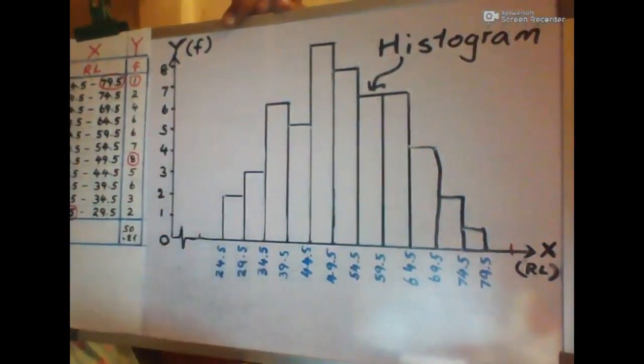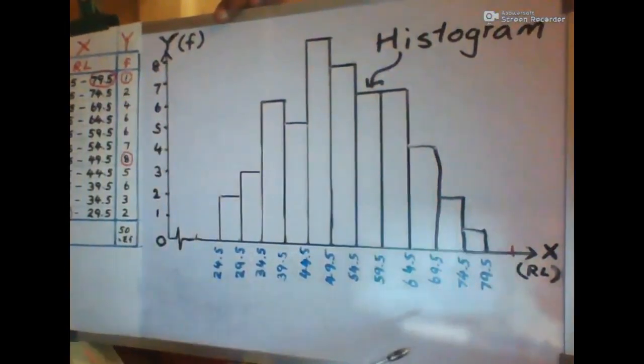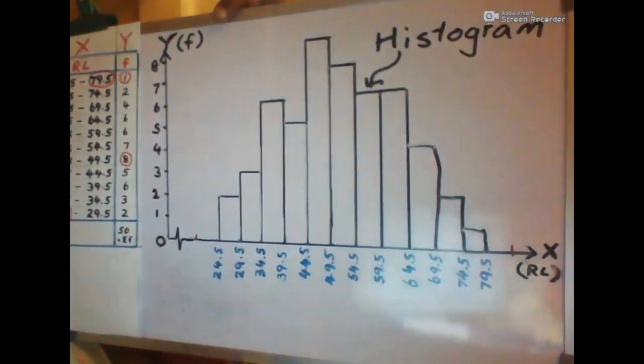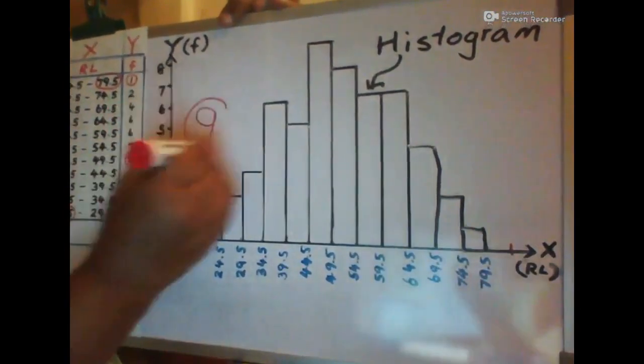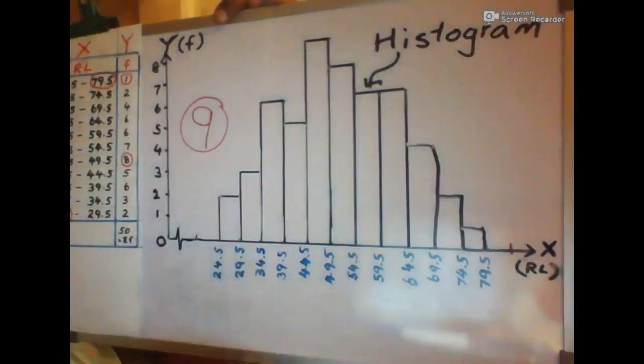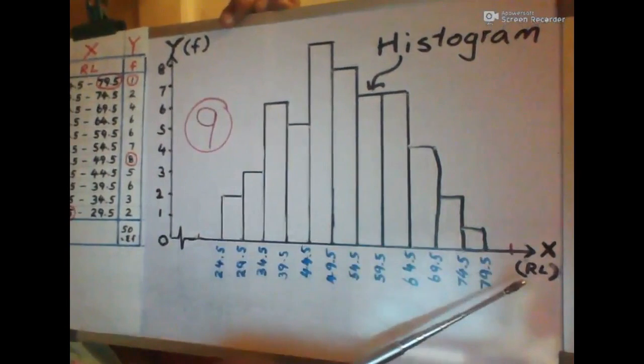So once you have completed the graph, check whether there are 9 points. How many points? 9, right? What are the 9 points? 1, naming the axis.